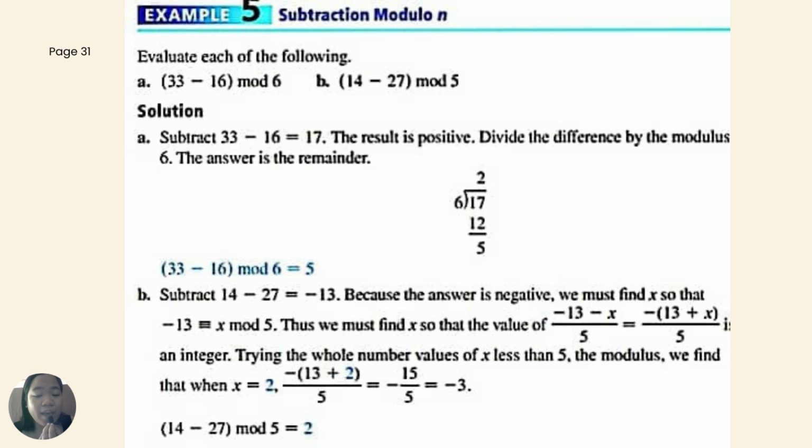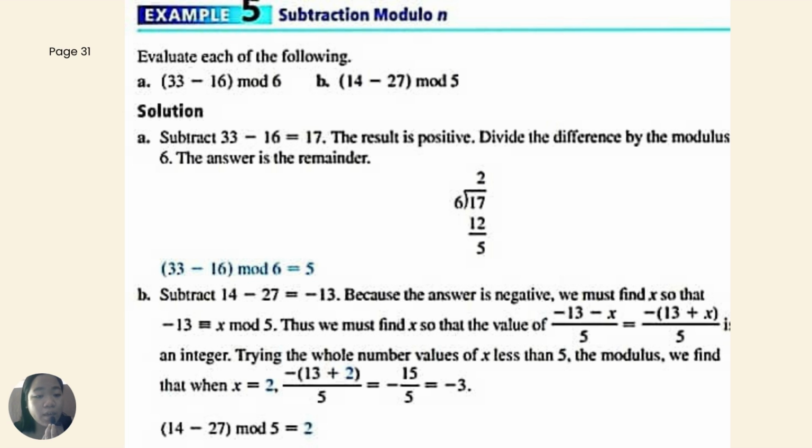Hari. So thus we find x, we must find x so that the value of negative 13 minus x over 5 will be an integer. So trying the whole number values of x less than 5, the modulus, aton modulus kay ang yes, 5.